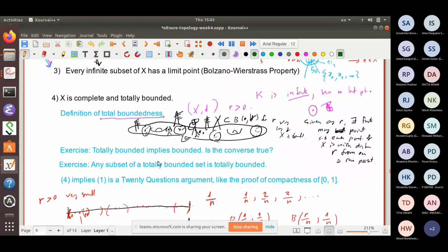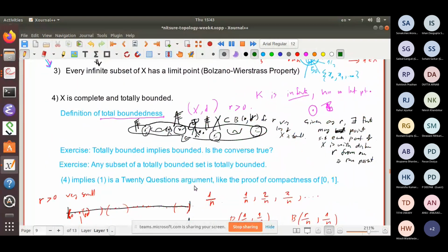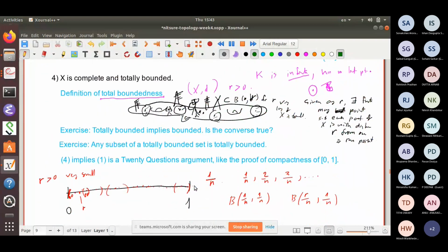And 4 implies 1: if X is complete and totally bounded, then it is compact. This was done by an argument with open covers. You had various open balls, finitely many covered them, and then given an open cover, does it cover these balls? Which is the one that it doesn't cover? Now take smaller ones and so on.